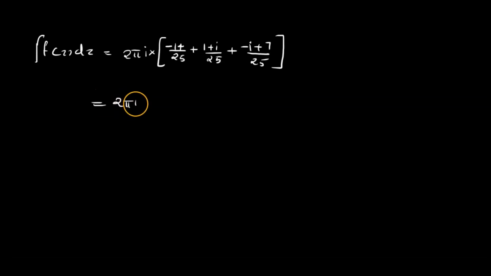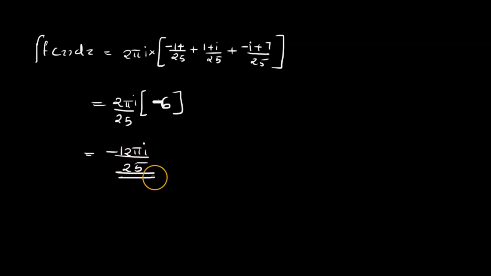So this is 2 pi i into, with 25 outside, minus 14 plus 1 minus 13, plus 7, which is minus 6. The i and minus i cancel. So this is minus 12 pi i divided by 25, which is the value of this integral.